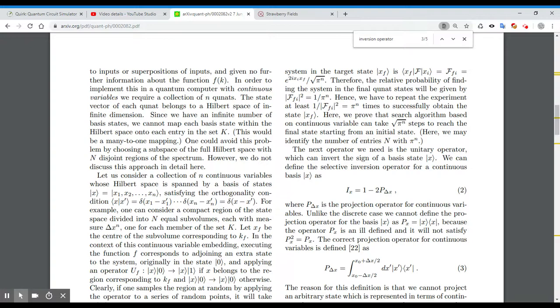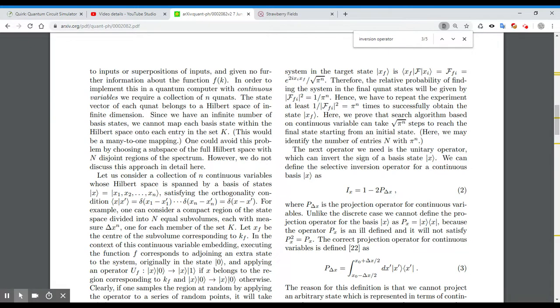Okay, but that's just the mathematical definition of it. The projection operator for continuous variables.